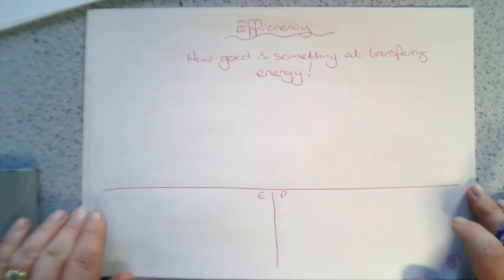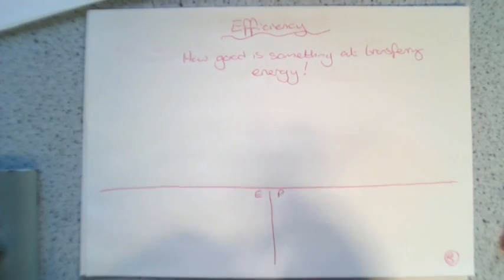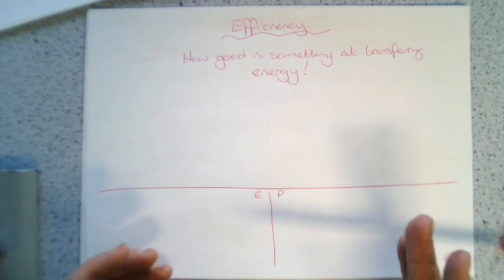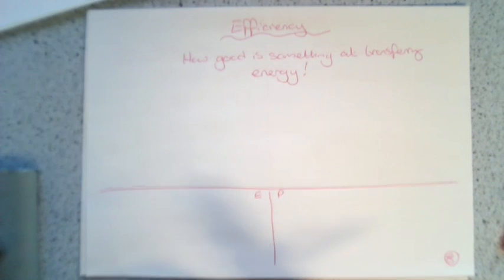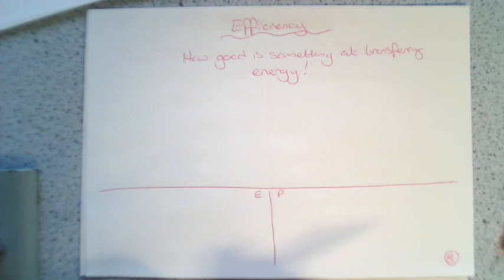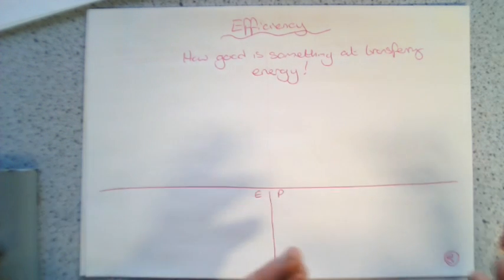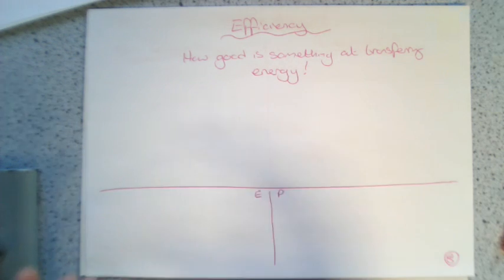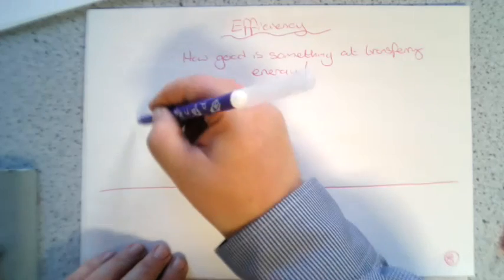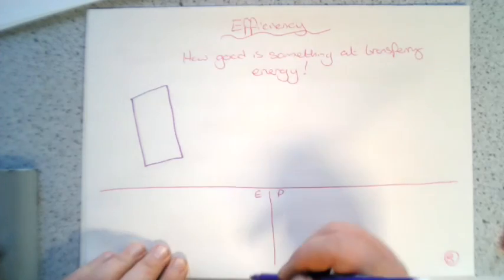And then think about efficiency. Efficiency is just about how good something is at transferring energy. So if you've got something that is really efficient, okay, it's going to transfer more of the energy into what you want it to do. So think about this. If you've got a fridge, okay, there's our fridge.